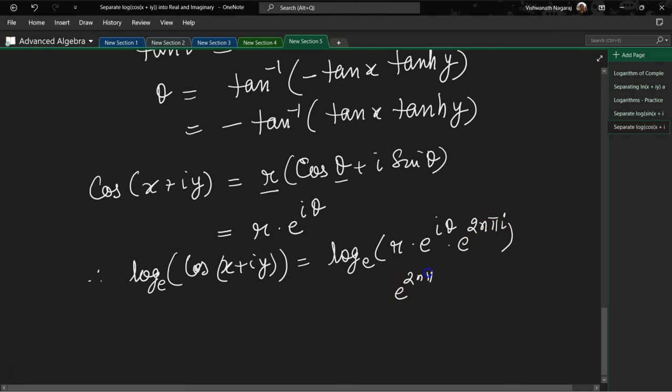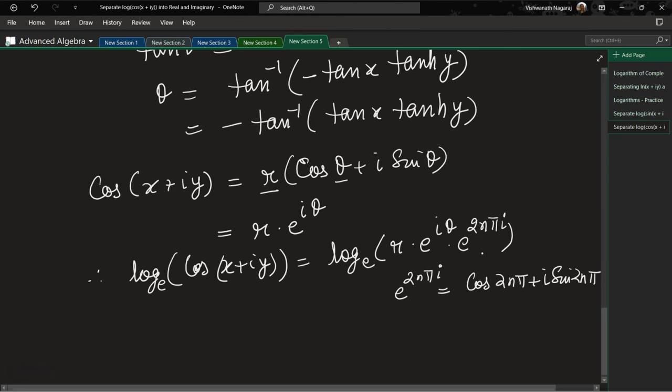E to the power of 2n pi I is equal to cos 2n pi plus I sin 2n pi. Okay, now cos 2n pi is 1, and sin 2n pi is 0, so we end up with 1. So we are multiplying it by 1, which means it is not going to change its value.